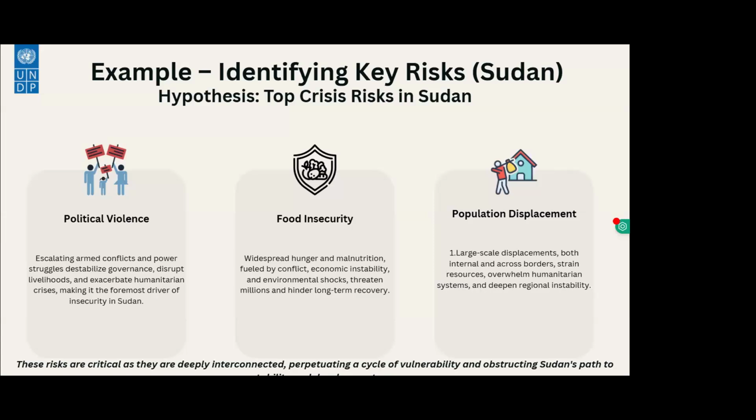And I've written a statement below that these risks are interconnected, which is very important to keep in mind. In the case of Sudan and many others, these factors feed into each other. For example, political violence or conflict can cause people to flee again, which leads us to the displacement factor, and abandon their farms, which reduces food production, which leads us to food insecurity.